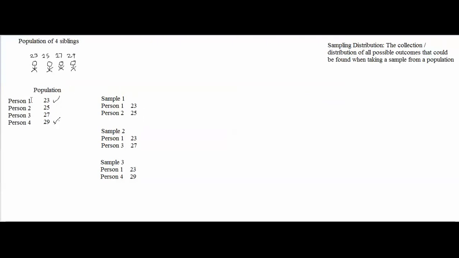Now what we've done is we've paired person 1 with person 2. We paired person 1 with person 3, and we paired person 1 with person 4. So we paired person 1 with each person under person 1. So there's actually no more samples that involve person 1. So what we have to do now is move this first check mark down to person 2.